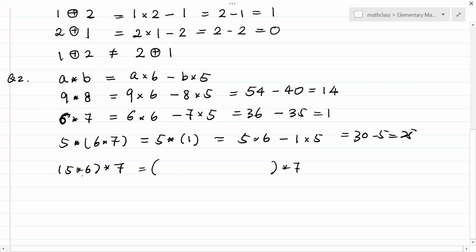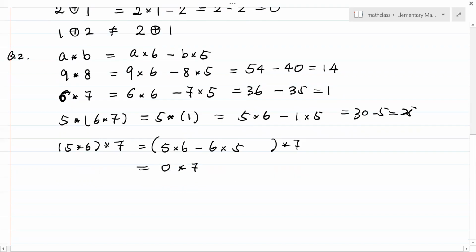In the place of A it's a 5, so 5 times 6 minus, in the place of B it's a 6, 6 times 5. That means it is going to be 0 star 7. Then in the place of A, it's a 0, in the place of B, it's a 7. So the answer is going to be negative 35.